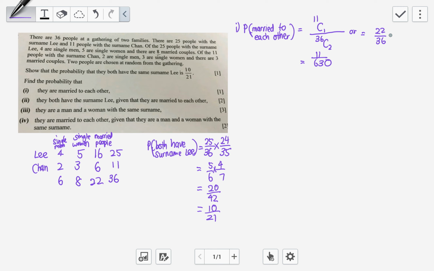It has to be one out of the 35 other people who is married to the first person that you randomly picked. So that will give you also 11 over 630.